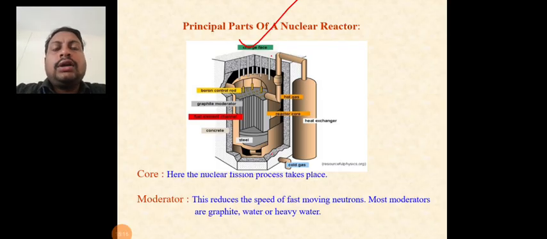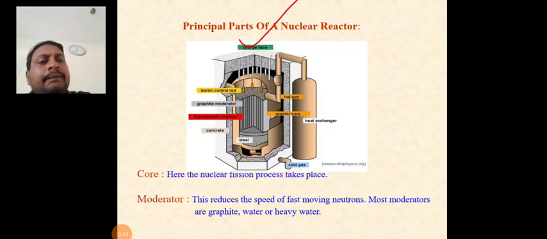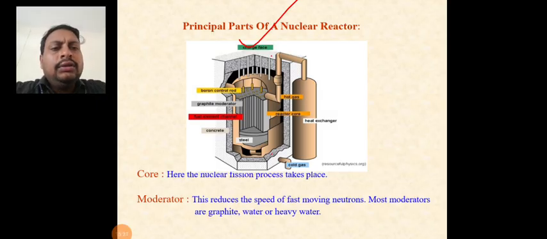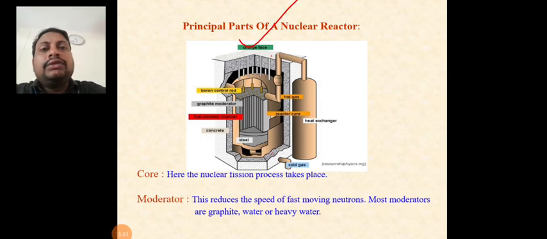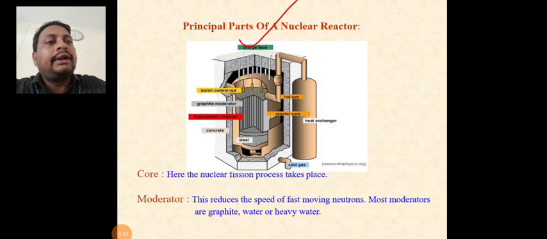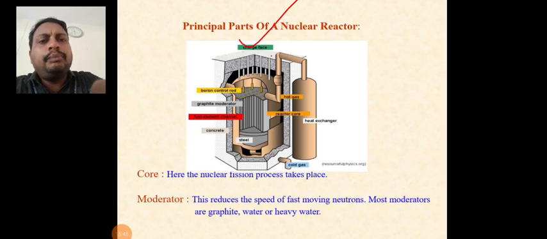The control rod materials are boron and cadmium, whereas the moderator is made of graphite or heavy water. So the moderator slows down the neutrons, whereas the control rod is used for controlling the rate of reaction. These are the important parts of the nuclear reactor.